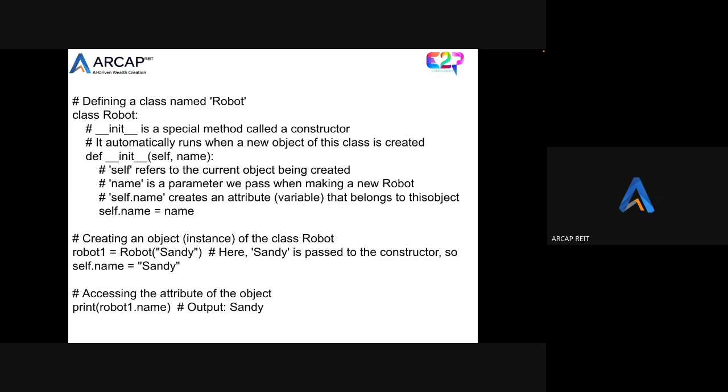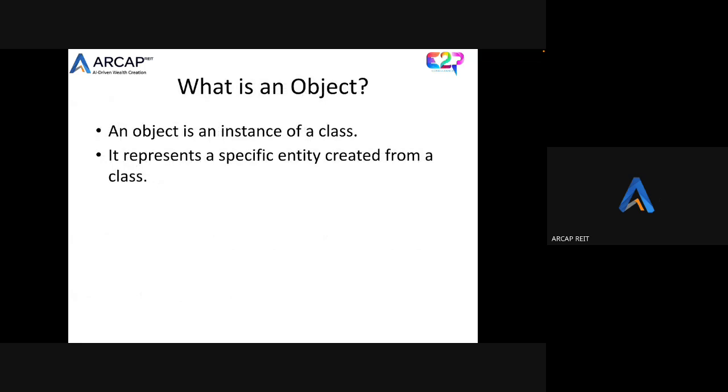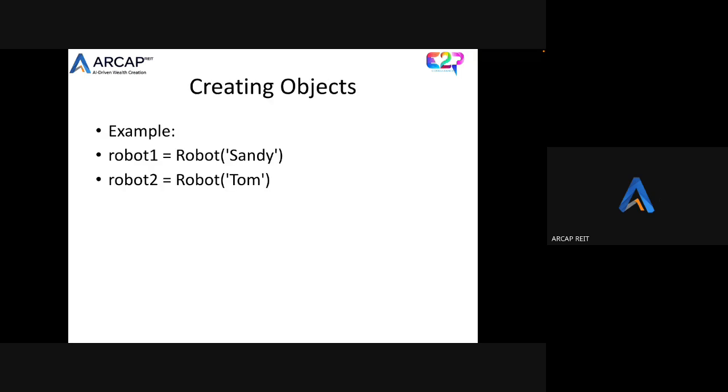So what is an object? An object is an instance of the class. It represents a specific entity created by the class. Here, we can create robot 1 and, with some other name, robot 2. Then another object occupying another memory location will be created for this same class.